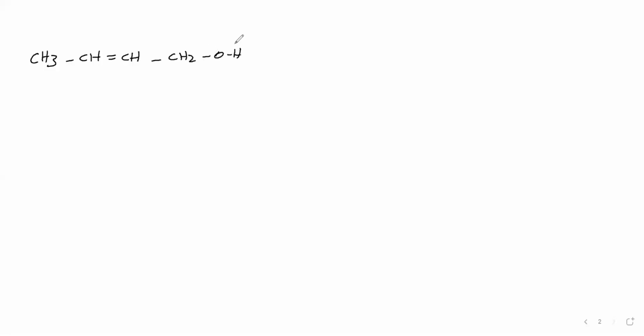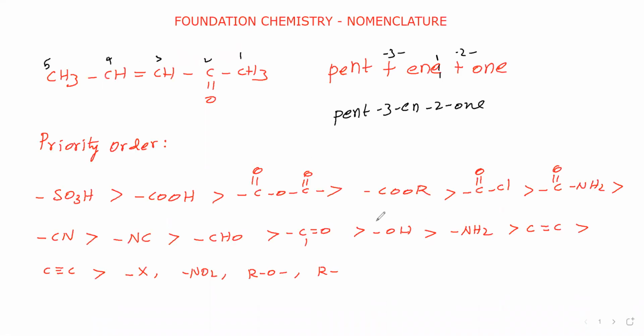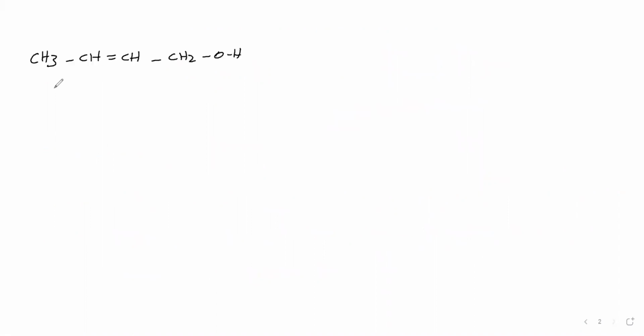Here, alcohol is one functional group and C=C double bond is present. Now see, it is alcohol group and it is C=C double bond, which has higher priority? Alcohol. So alcohol is the main functional group here.